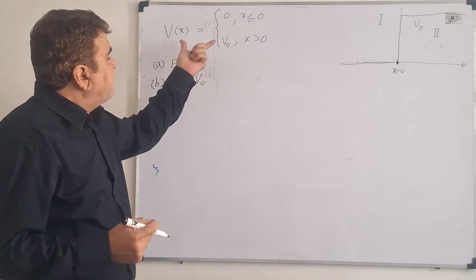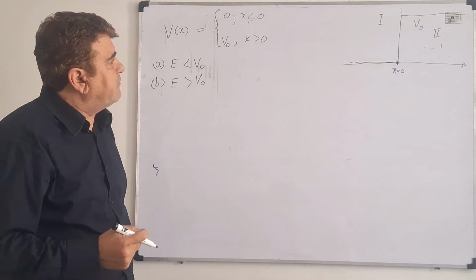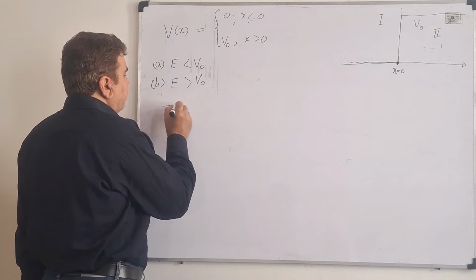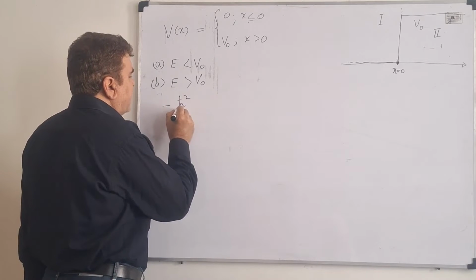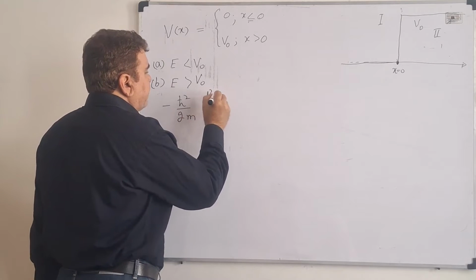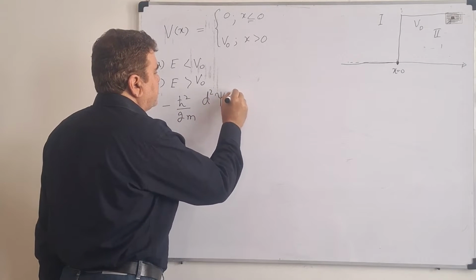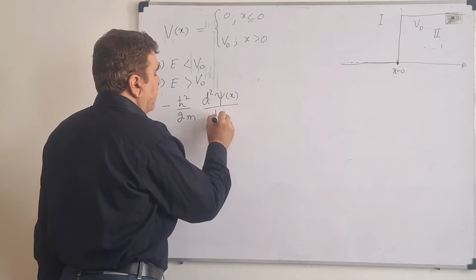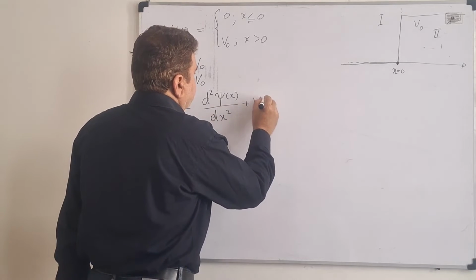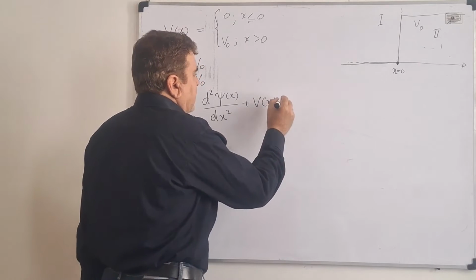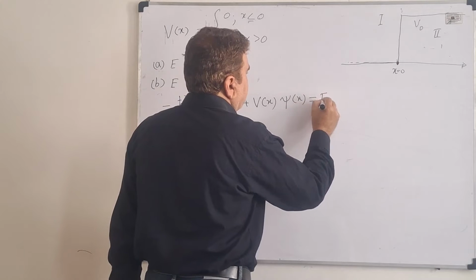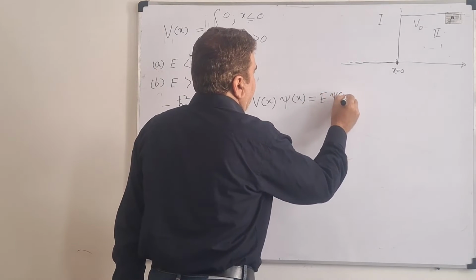So I would write the Schrodinger wave equation as minus h bar squared divided by 2m times the second derivative of the position dependent wave function psi with respect to x, plus the position dependent potential V of x multiplied with the wave function psi, equals E psi of x.